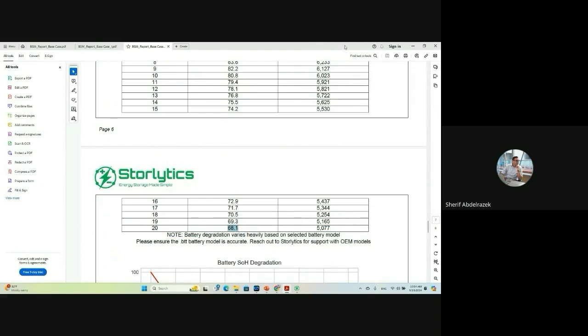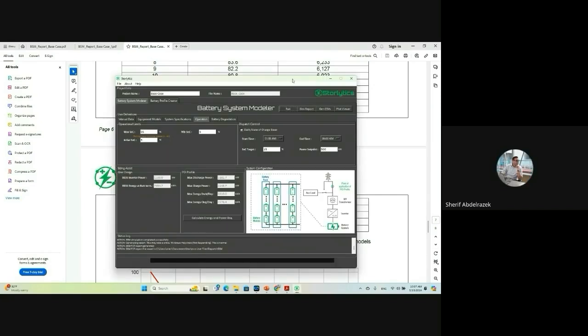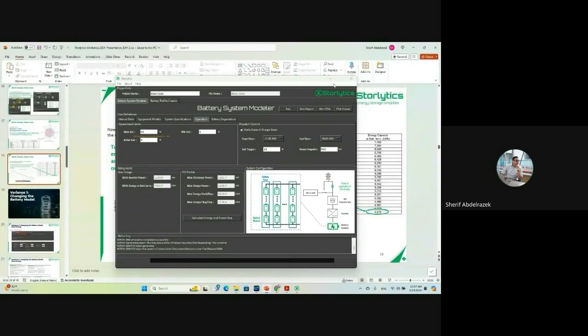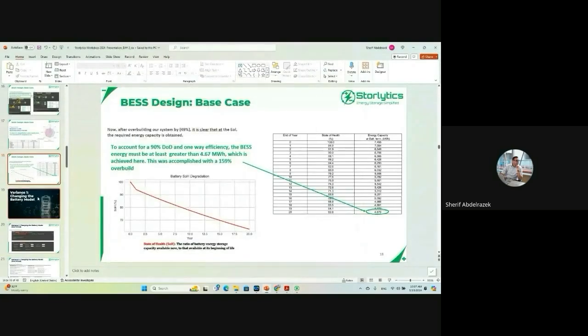So, all right, okay, now I think we're good with the design. So where are we at currently, right? We designed the battery system for case one, which is a solar plus storage project. We know at beginning of life we need 7.4 megawatt hours. We know we're going to use one inverter. What was it? 4 modules per rack.